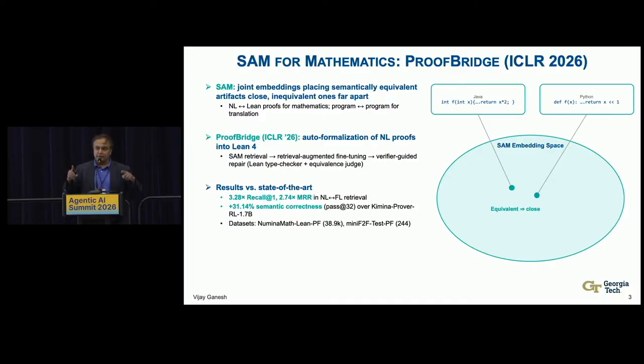By imbuing the model with this property, we make it much more effective at the auto-formalization problem. At retrieval time, it's far more effective.